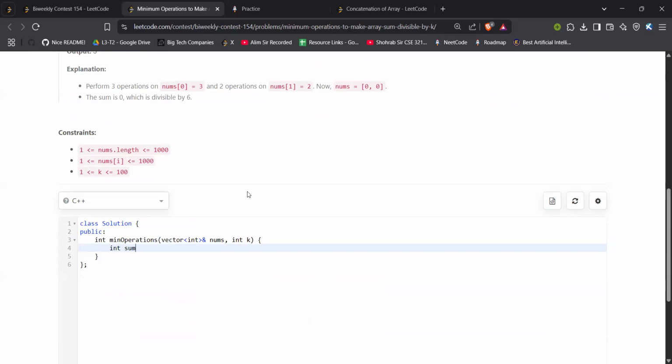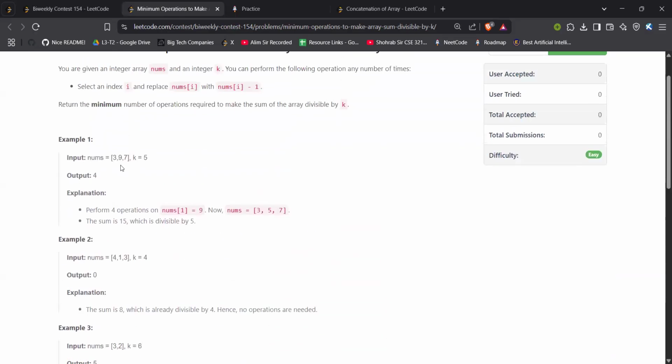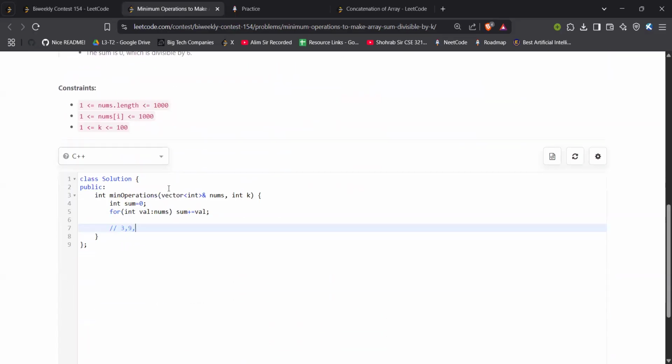So int sum equals 0, for int val in nums, sum plus equals val. So this is the current sum. What I have to do basically, for example, if we have the first instance, 3, 9, 7, which sum was 16, 90.